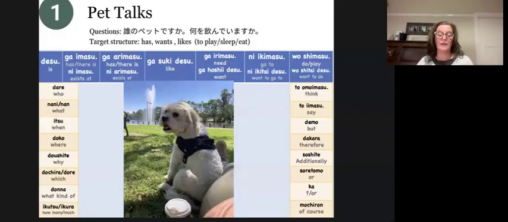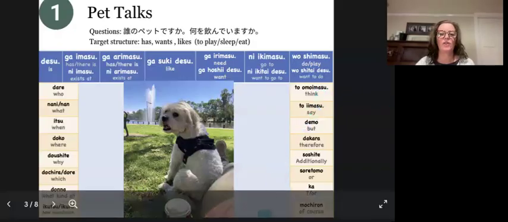Namae wa nan desu ka? 犬はどこにいますか？誰と一緒にいますか？犬は嬉しいですか？犬は何がありますか？犬は何をしたいですか？ And all the while, I would be pointing and pausing and trying to repeat.